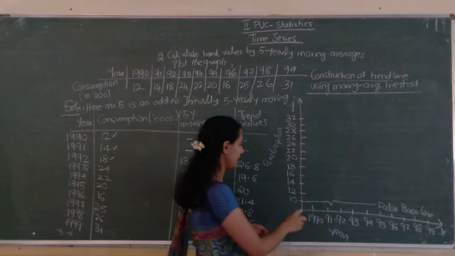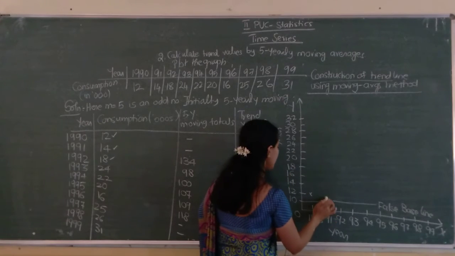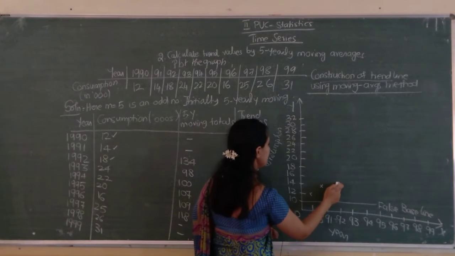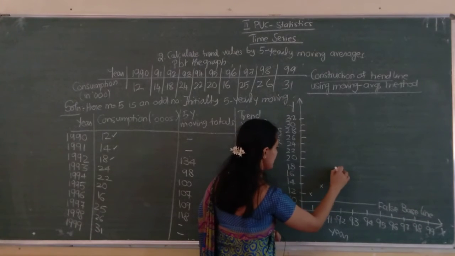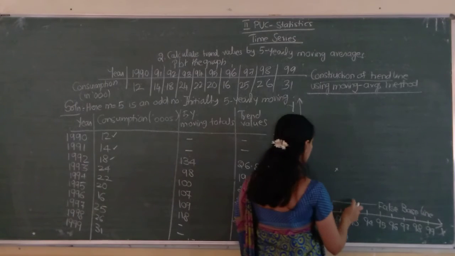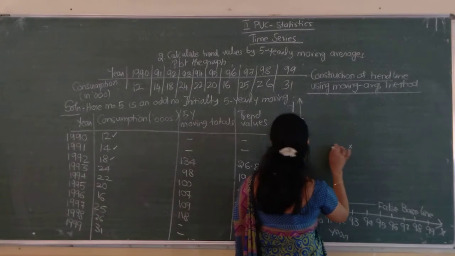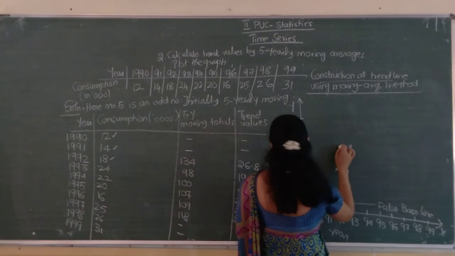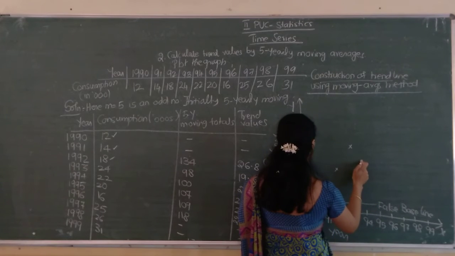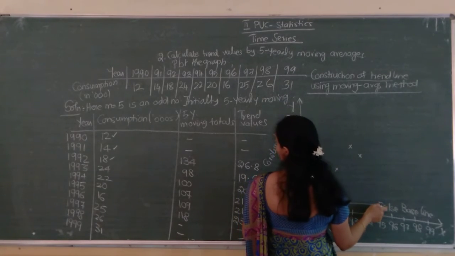1990, 12. 1991, 14. 1992, 18. 18 means here. 1993, it is 24. 1994, 22. 1995, 20.